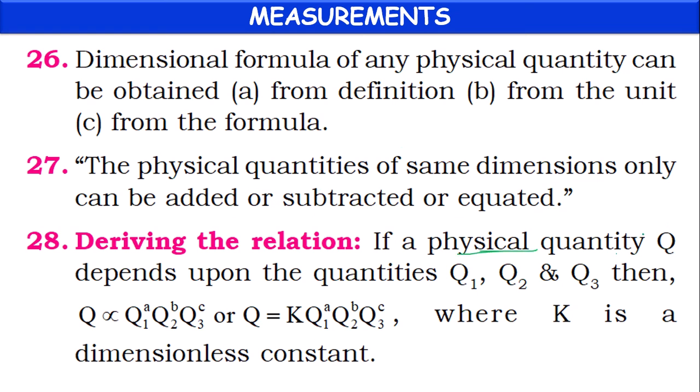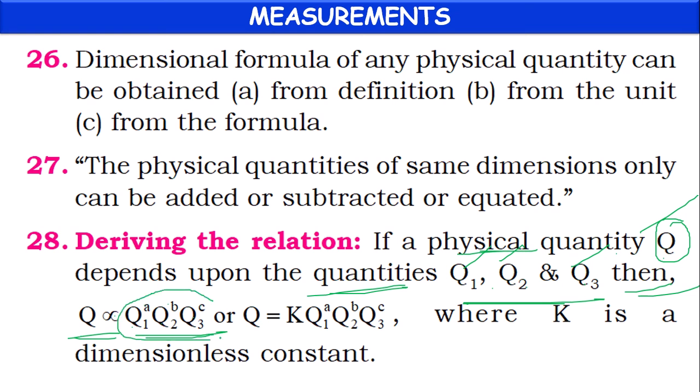So if a physical quantity Q depends on Q1, Q2, Q3, then Q is proportional to Q1^a, Q2^b, Q3^c, because the physical quantity Q depends upon these quantities Q1, Q2, Q3, so it will be proportional to this dimensional formula.